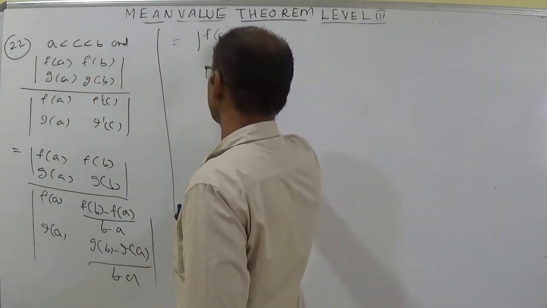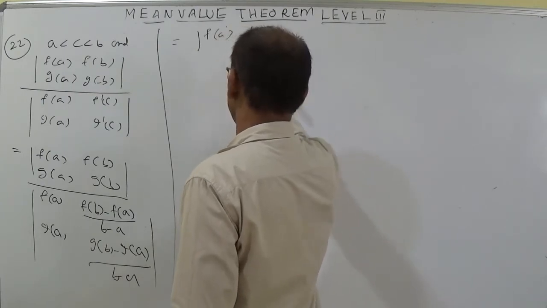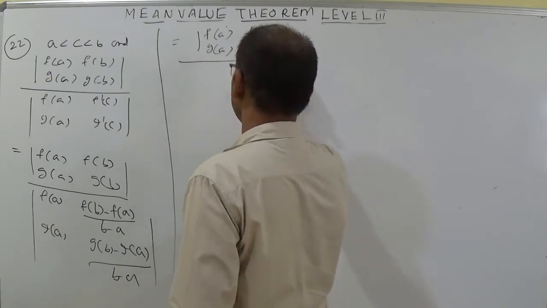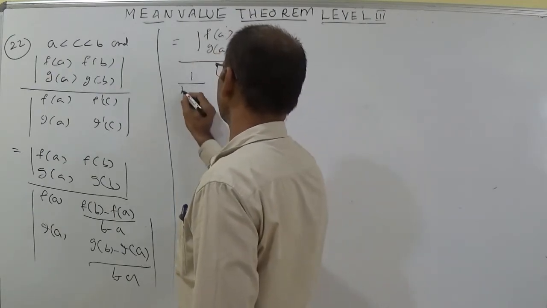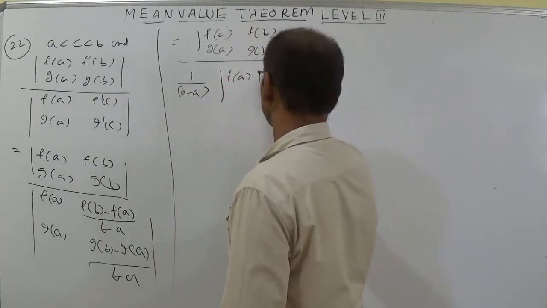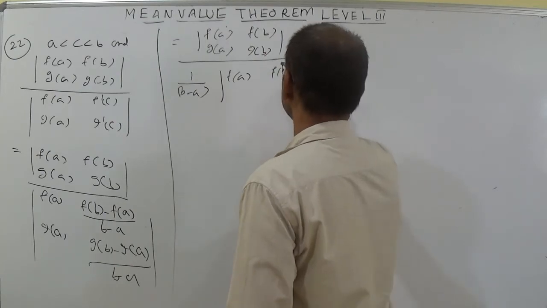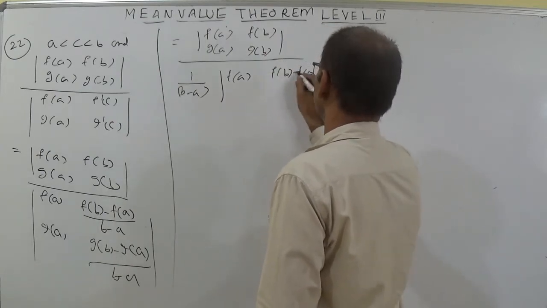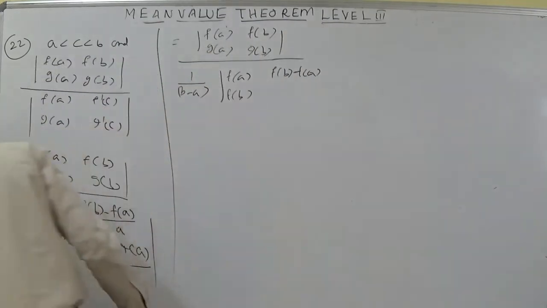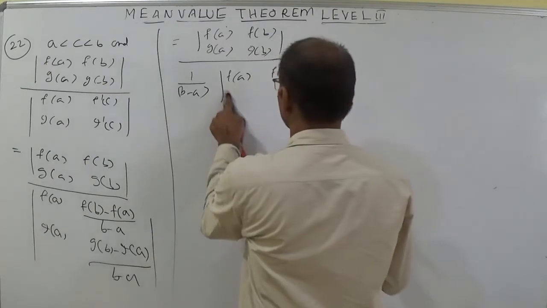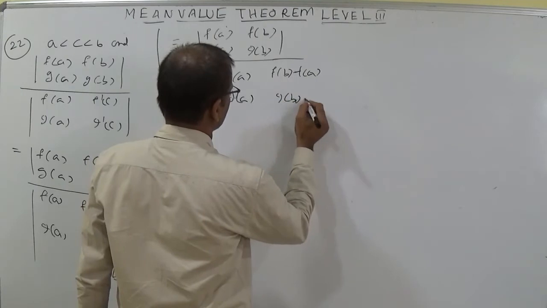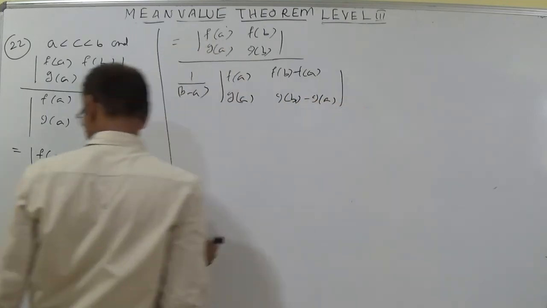Don't change the numerator, leave it: f of a, f of b, g of a, g of b, whole by 1 by b minus a as common. Then you can write f of a, f of b minus f of a, g of a, g of b minus g of a, as a determinant.